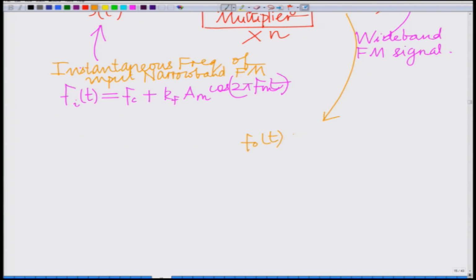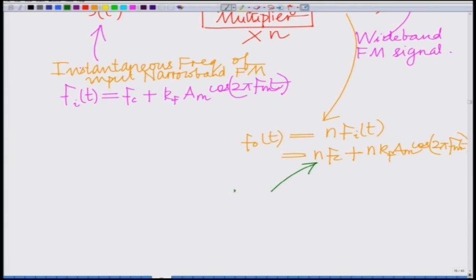Since you are multiplying the frequency, this will simply be n times f_i(t), which is equal to n times fc plus n times kf Am cosine 2 pi fm t. This is the output frequency, and now you can see the carrier frequency of the output signal of the frequency multiplier is n times fc.